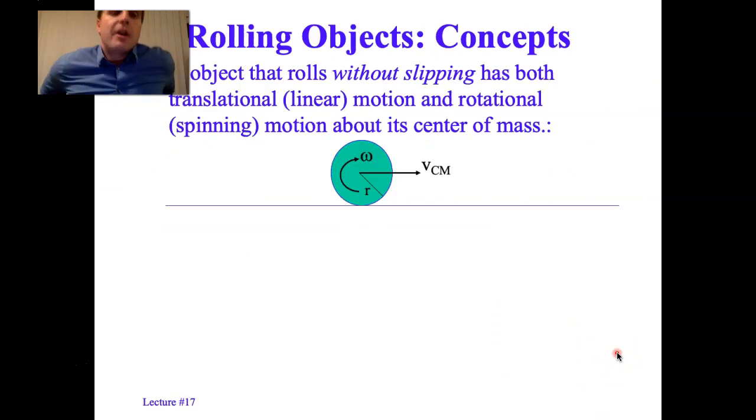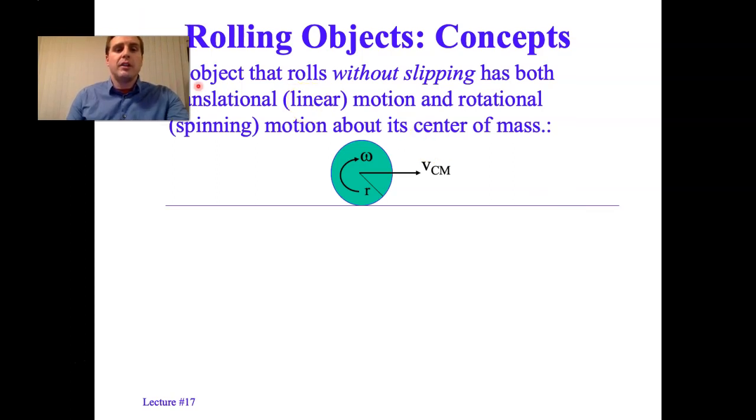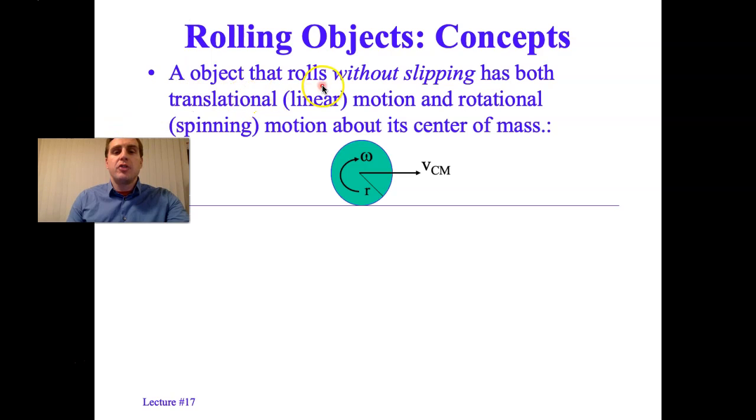The last major topic I want to talk about in this lecture is rolling objects. We're going to study these mostly from the energy perspective. Let's consider what rolling really is. Rolling is an object that rotates along, but also has a linear velocity without any slipping.